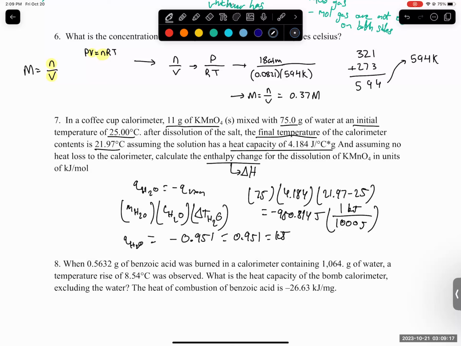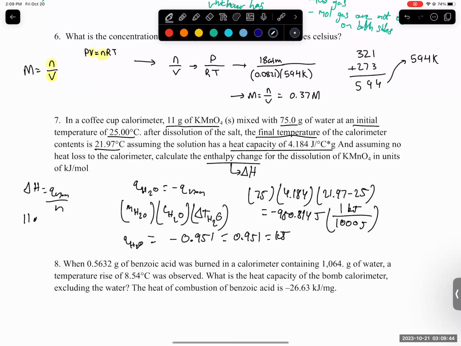All right. Delta H is equal to what? Yeah, exactly, Q of the reaction over moles. So delta H is Q reaction over n. We already have our Q reaction, so now we're going to use the moles of KMnO4.